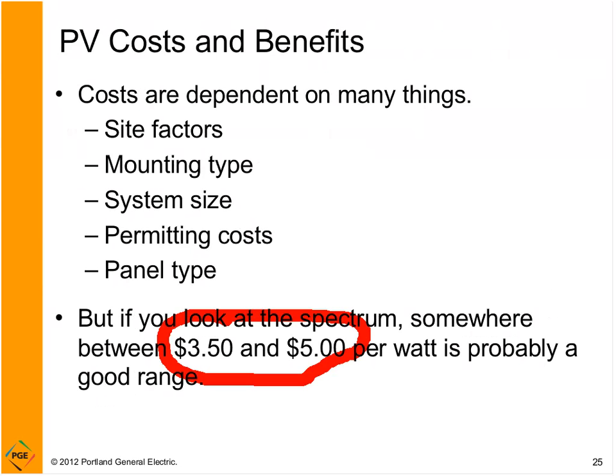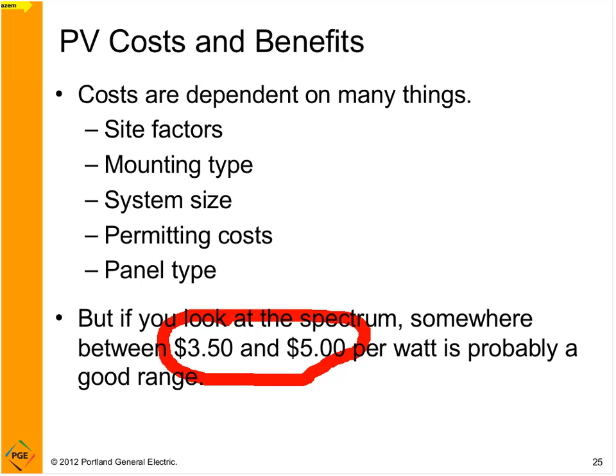Some impacts to that total cost are site factors, what type of panel you're going to use and how you're going to mount it. Some mountings are more labor intensive than others. The system size, naturally: the bigger the system, the more cost effective on a kilowatt basis it will be, just from economic impacts of the size of the system.